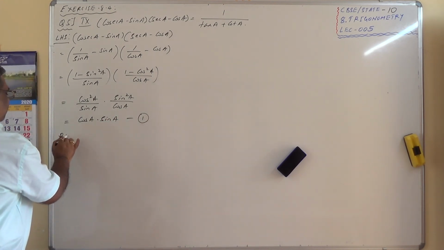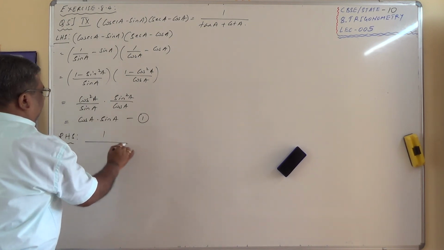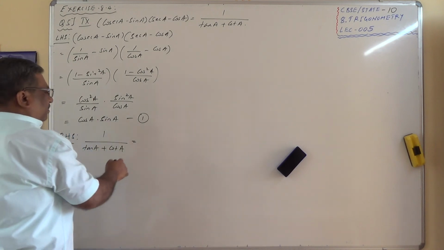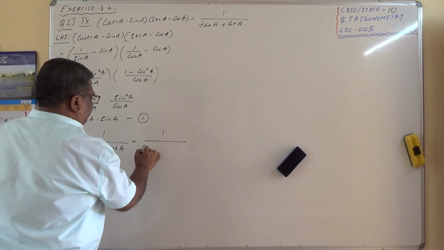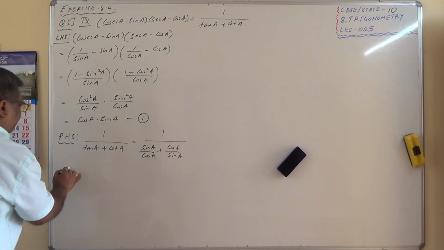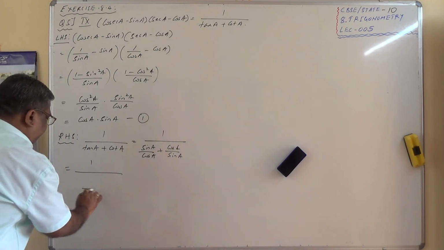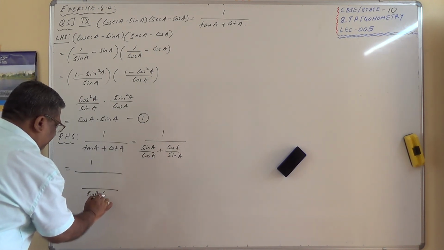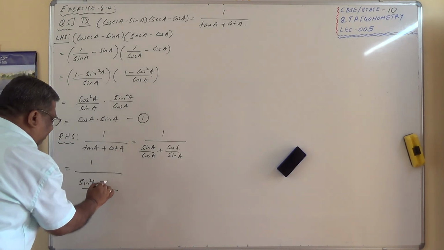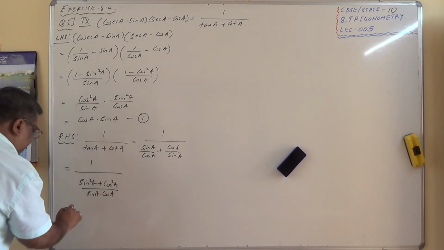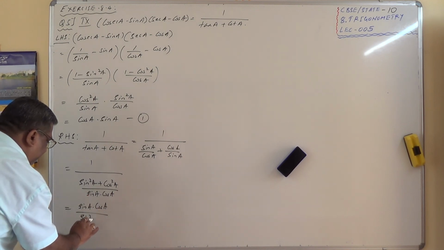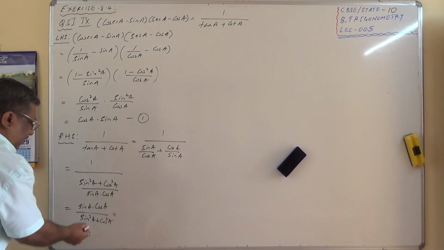Take RHS now. 1 divided by tan A plus cot A. Convert it into sin cos ratios. 1 divided by sin A by cos A plus cos A by sin A, which equals 1 divided by LCM sin A into cos A. So cos cancels, sin square A plus cos square A, which equals, take up sin A into cos A divided by sin square A plus cos square A, which equals sin square A plus cos square A is 1.